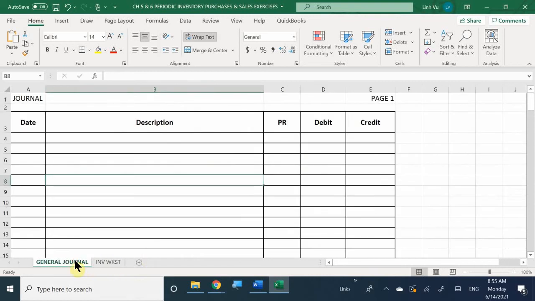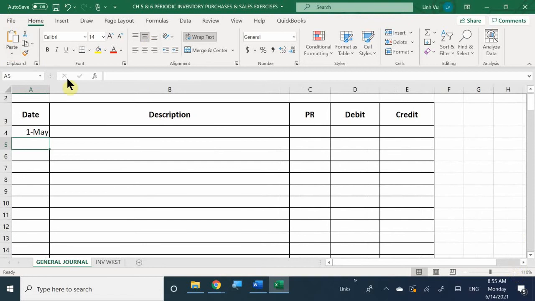So now let's go ahead and practice journalizing this. So how would I recognize my periodic inventory or my purchases that I just made?